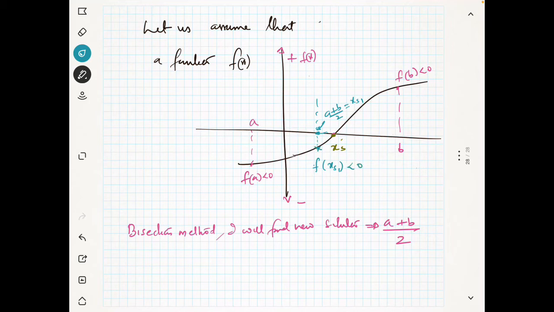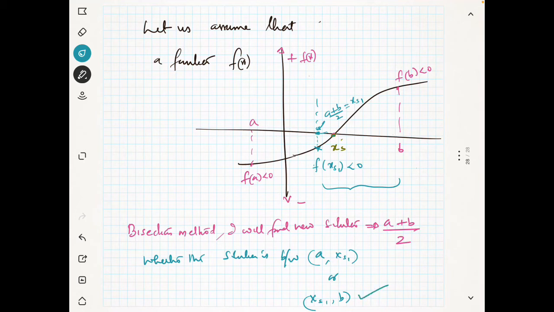Now can you tell me where the solution is? Whether the solution is between a and xs1 or xs1 and b. Actually the solution is in this interval, and there is no solution here.